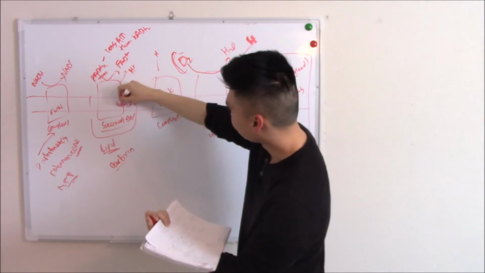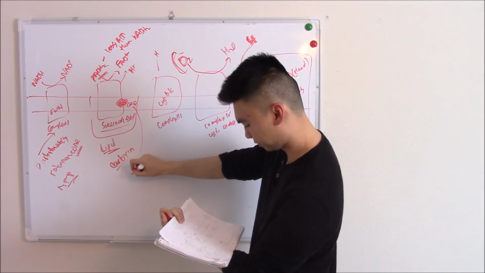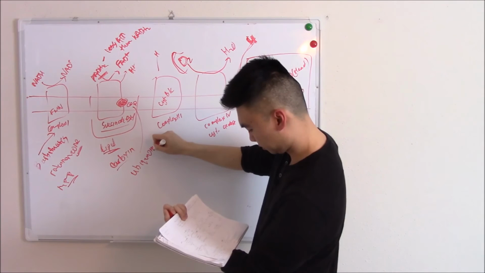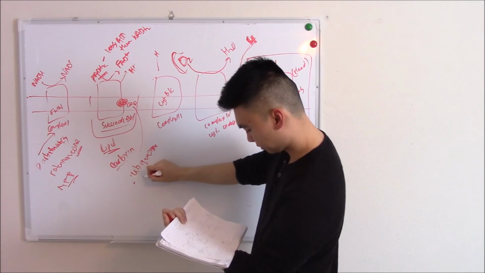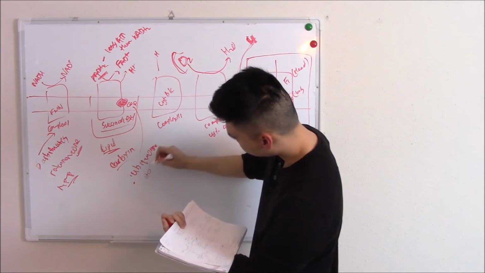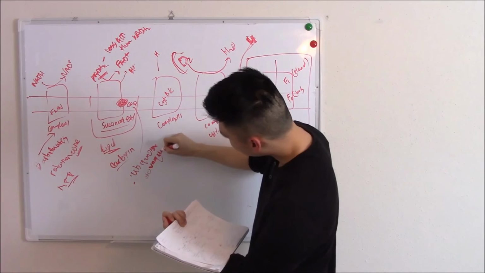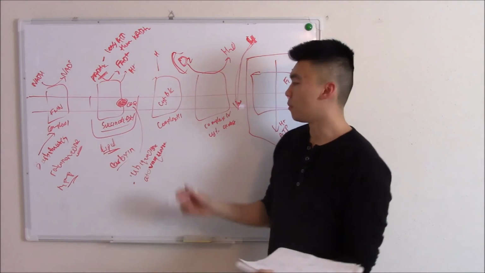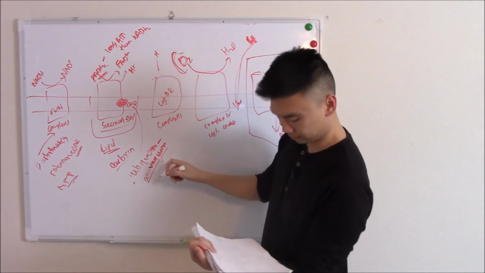And then lastly, you need to know that coenzyme Q, its little partner, is a ubiquinone. That is blocked by atovaquone, which is an anti-malarial, but this anti-malarial is a ubiquinone analog.